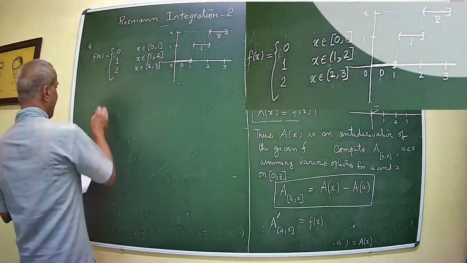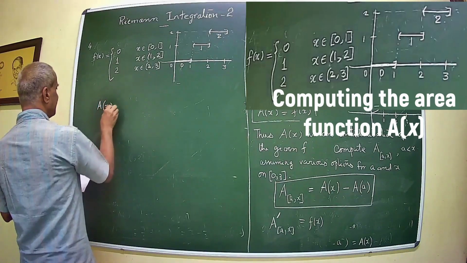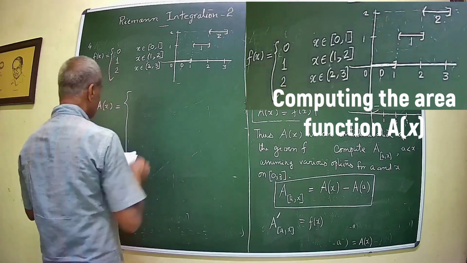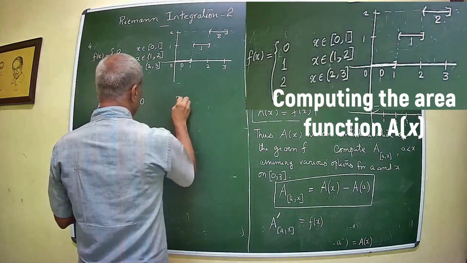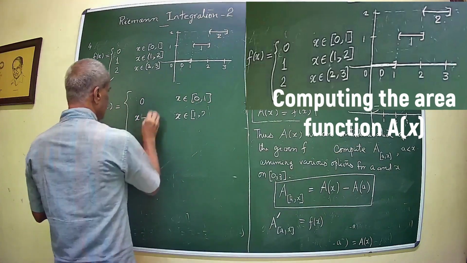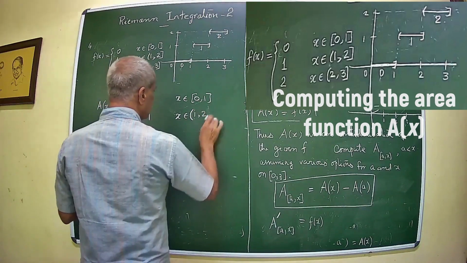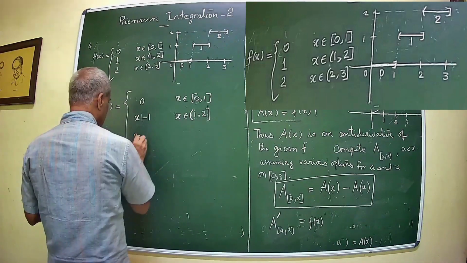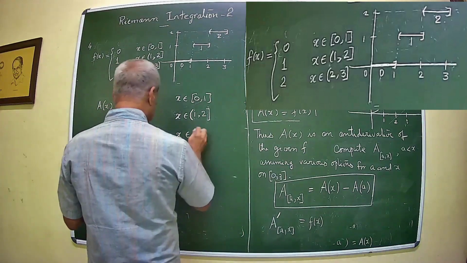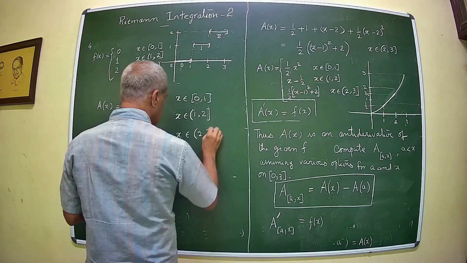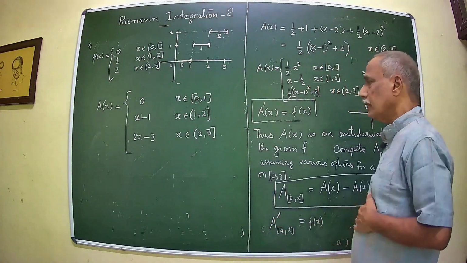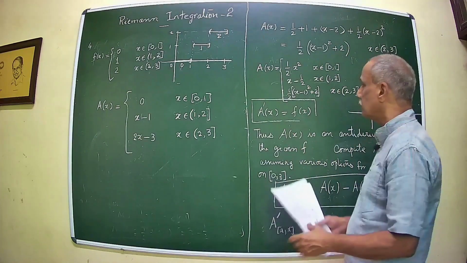If you compute A(x), the area function, this turns out to be 0, x minus 1 for x from 1 to 2. It's a simple calculation.